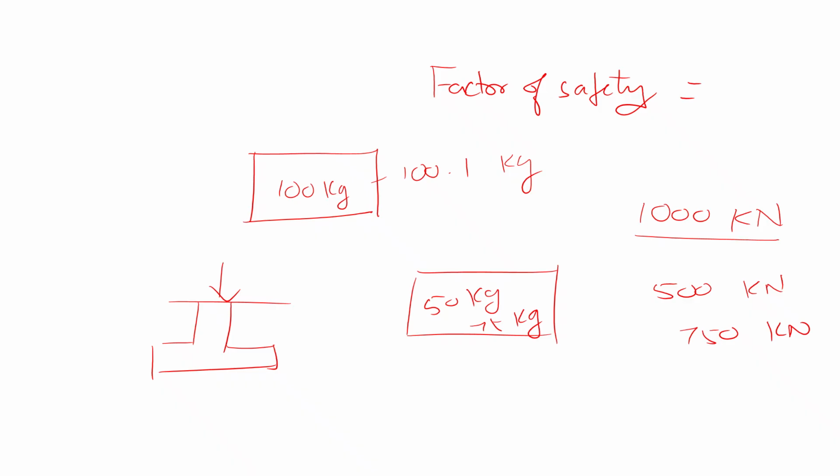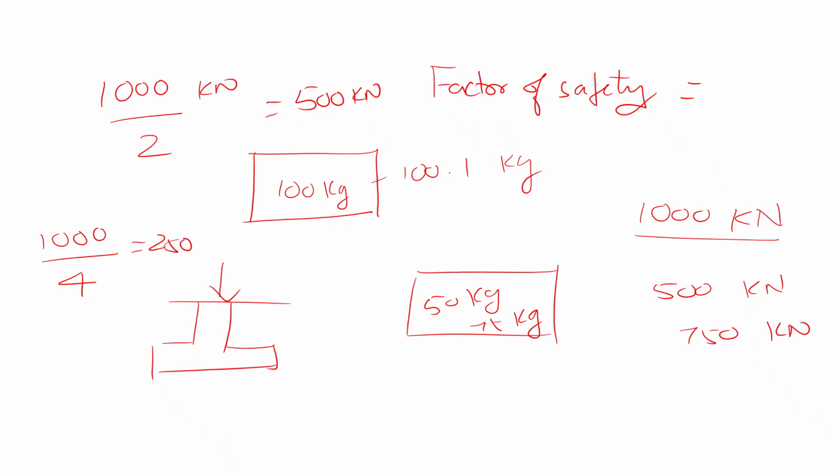For example, instead of keeping it to be 1000 kilonewton, I am having a factor of safety 2. So now it will become 500 kilonewton, right? Likewise, instead of keeping it to be 1000, I am reducing it by 4 times. So my factor of safety is 4. This will become 250 kilonewton, which means I will restrict myself to 250 kilonewton, or I will restrict to 500 kilonewton if the factor of safety is 2. So I believe now you understood the concept of factor of safety.